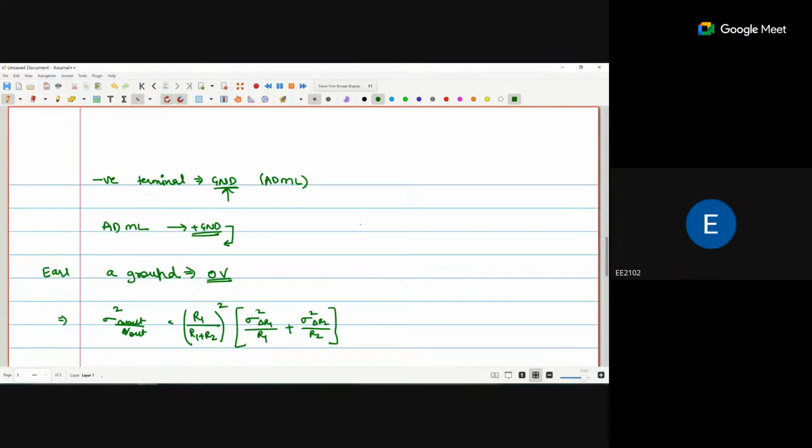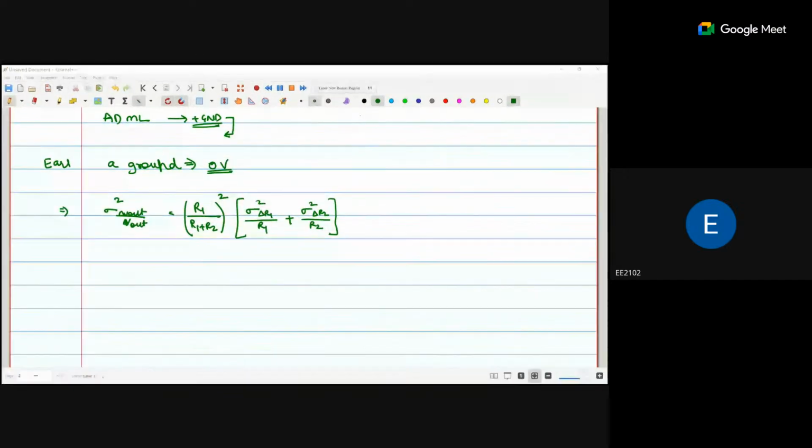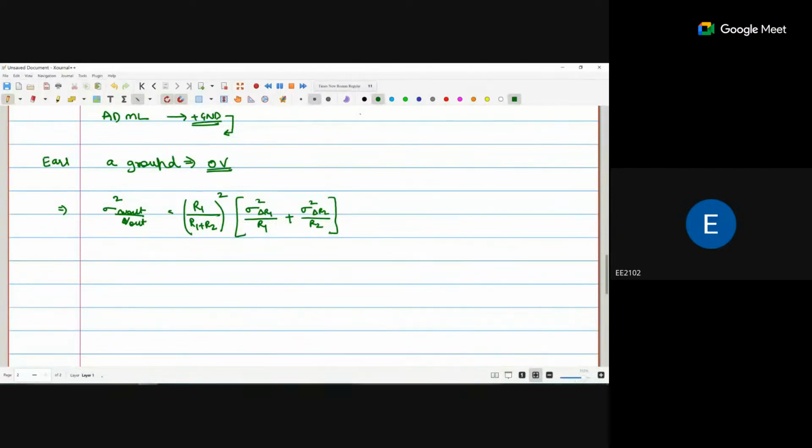Now it is mentioned that if R1 and R2 are not given, what is the variance in the output voltage in percentage? The values of R1 and R2 are not given, but if you take R1 and R2 both equal, then sigma square del V out upon V out is equal to 1 by 2 square.